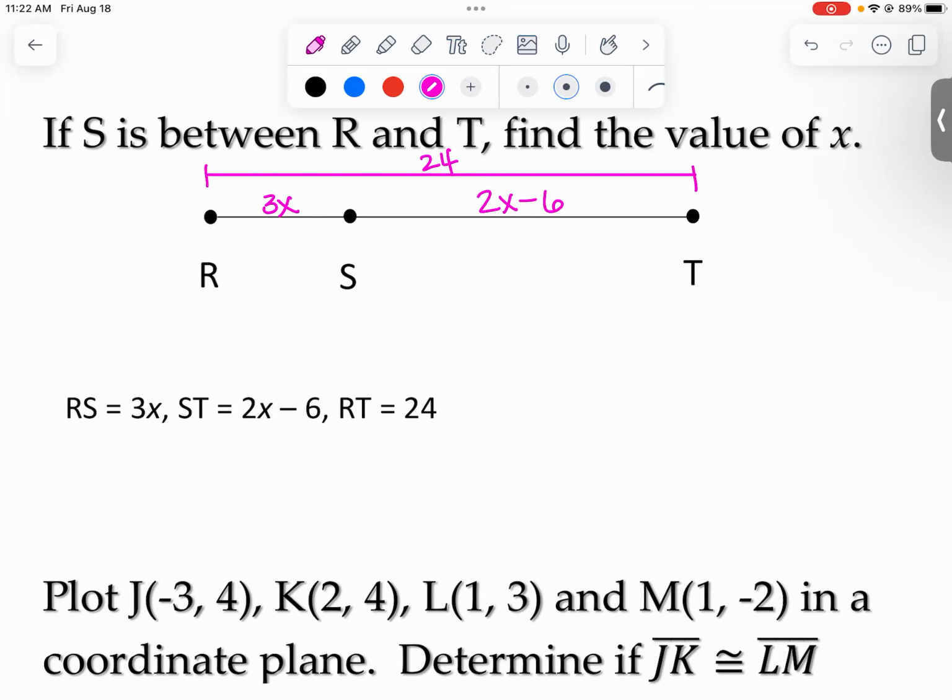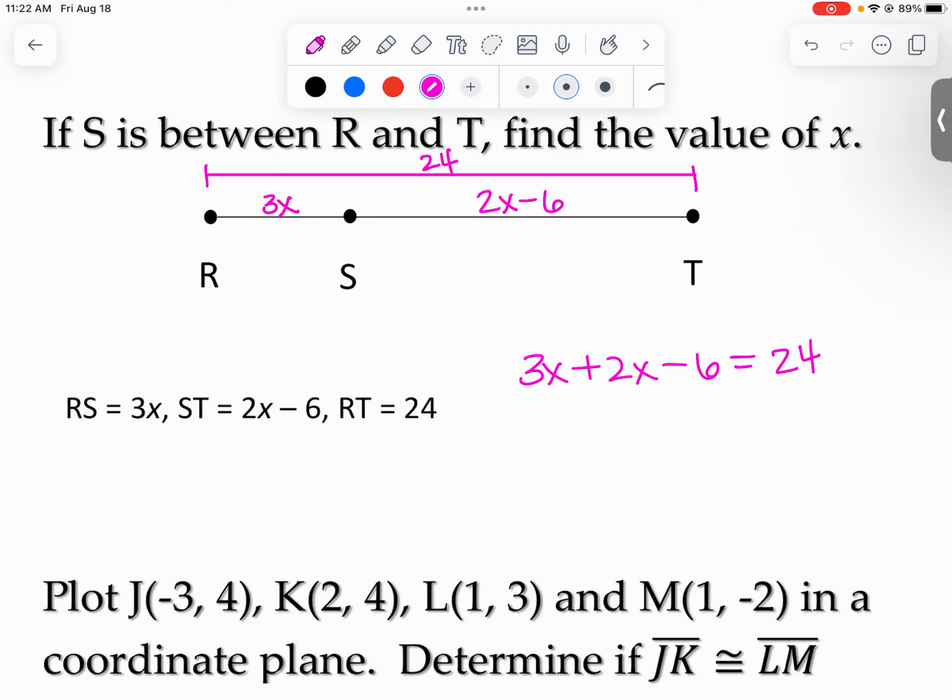What are we going to have to do? What can we write given this? So our two segments, so our cute little segments, 3x plus 2x minus 6 equals the whole thing, 24.